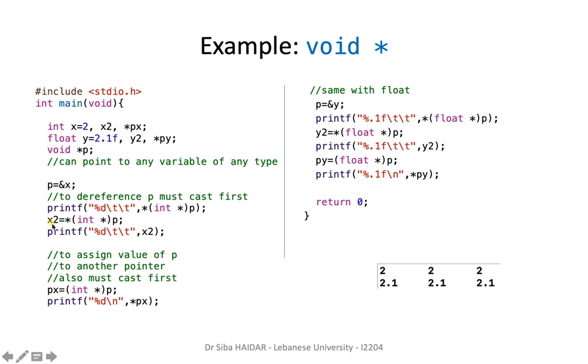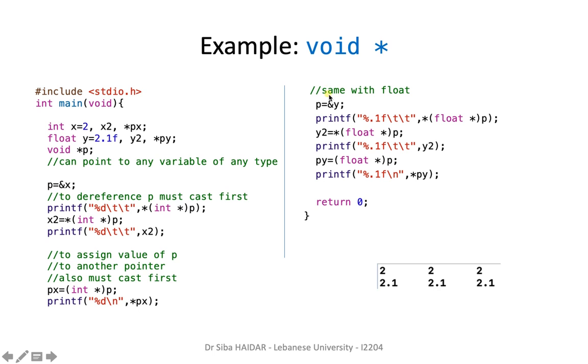You can also say x2 receives the dereference of p after casting. And also, to assign a value of p to another pointer, suppose we want to copy the address that is inside p to px, you can say px receives p, but you have also to cast first. px is assigned the value of p, but after casting to int star. Why? Because px is of base type int.